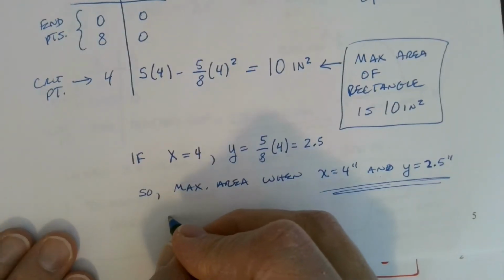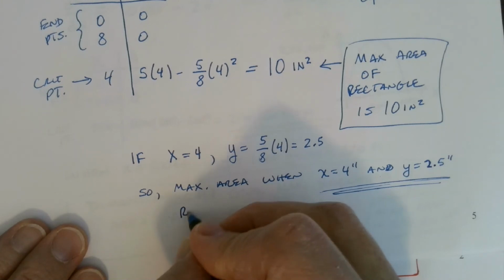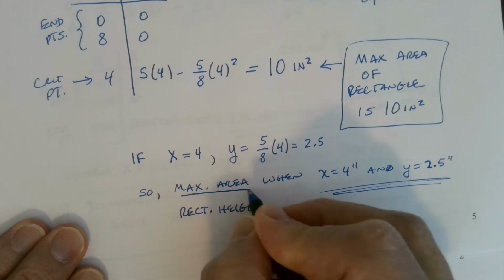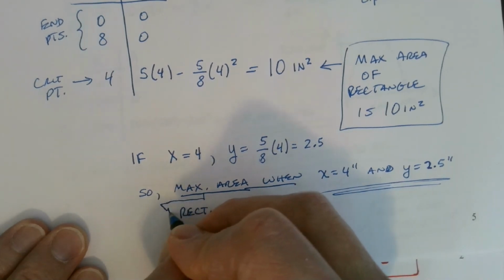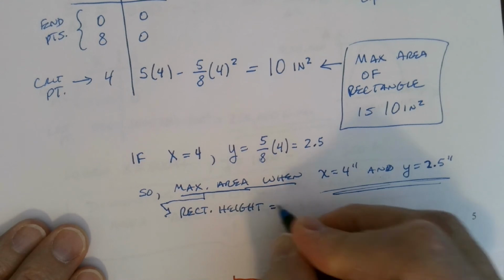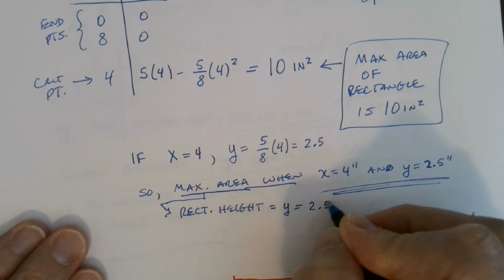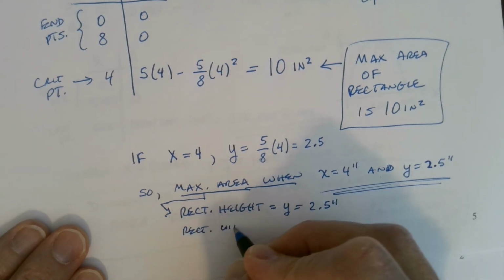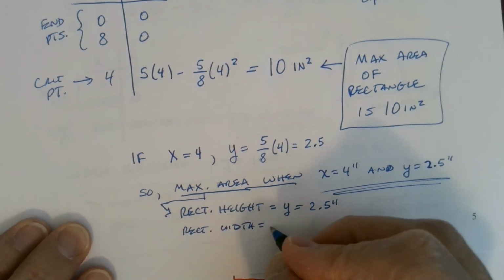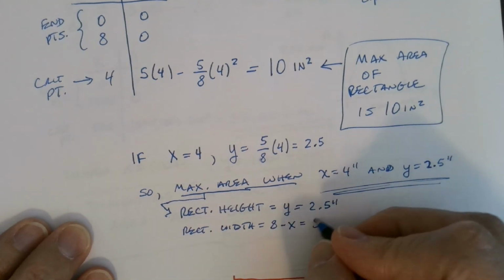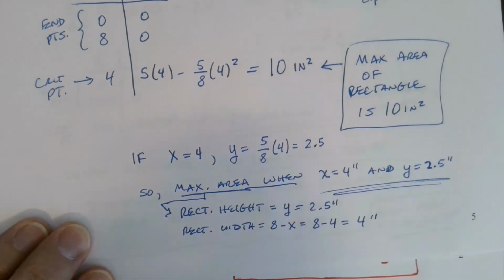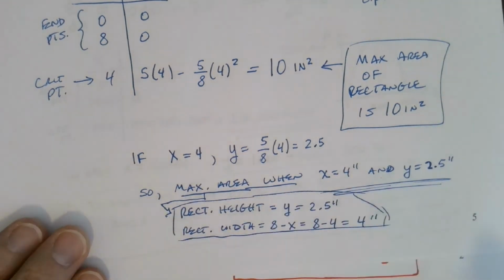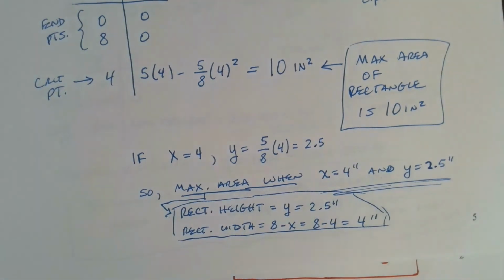So max area when rectangle height, which is equal to y, is 2.5 inches, and rectangle width is 8 minus x. We'll be okay though, because what's 8 minus 4? It's still 4 inches. So actually it is a 2.5 by 4 inch rectangle. But again, not a square.